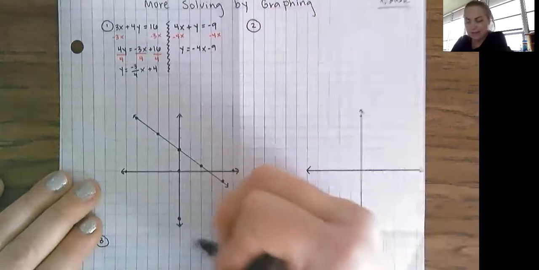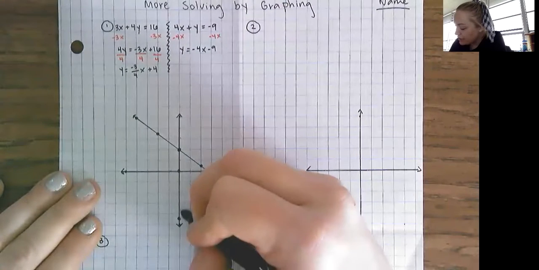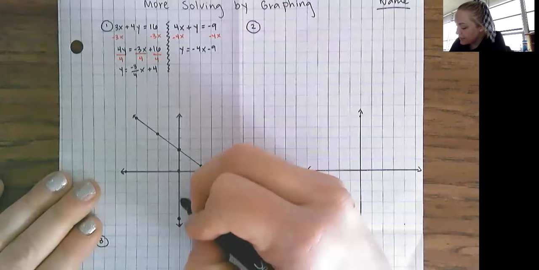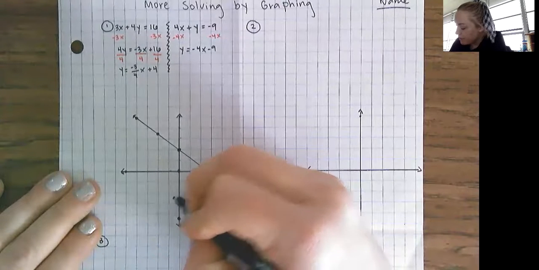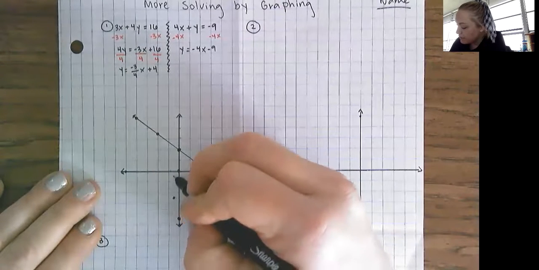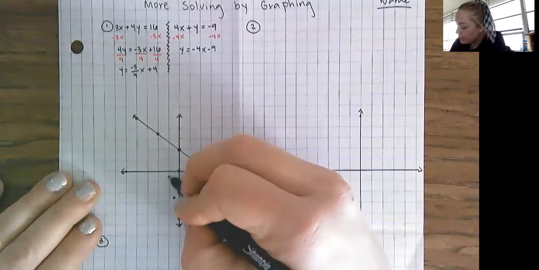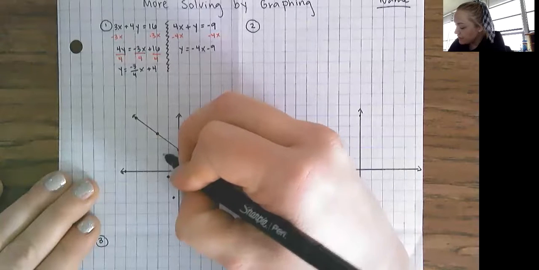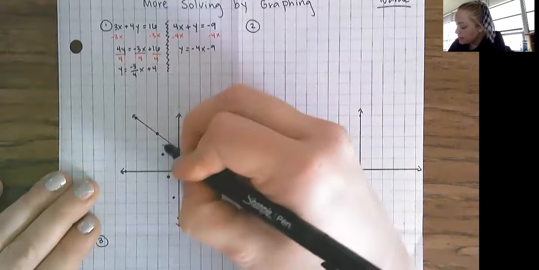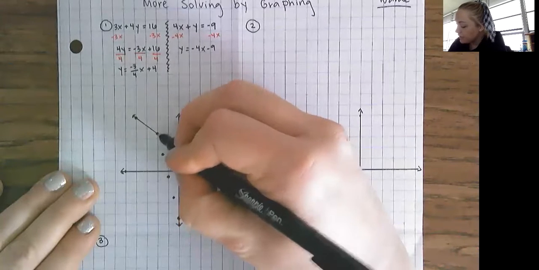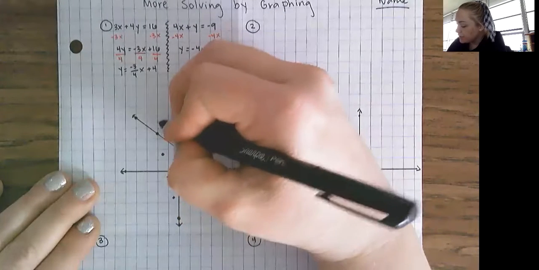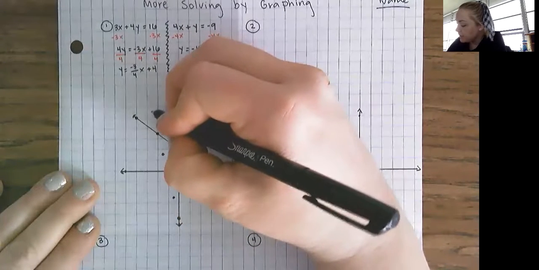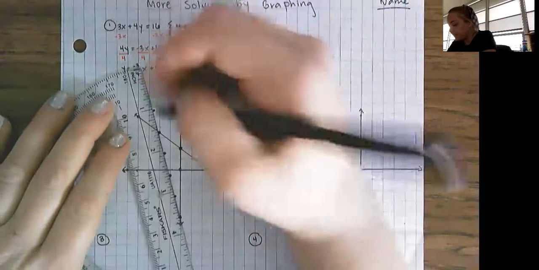Well, I can't fit that this direction, so I can go up 1, 2, 3, 4 to the left 1, and keep repeating that up 4, left 1 pattern. All right, lovely looking line here.